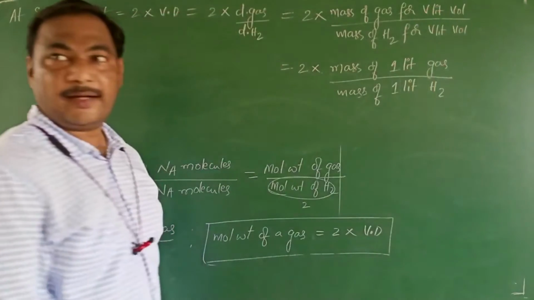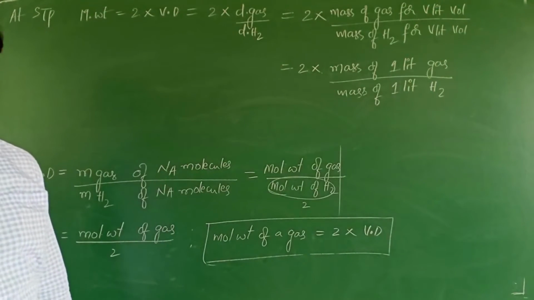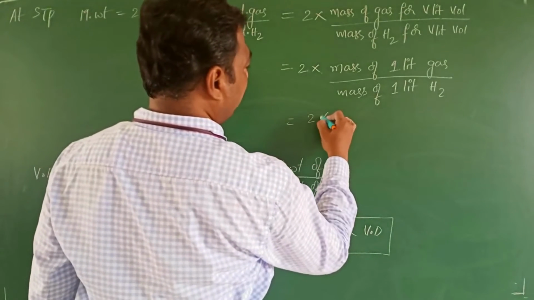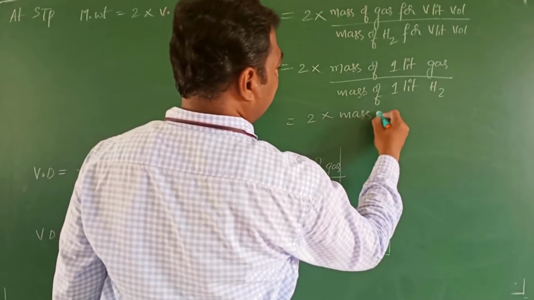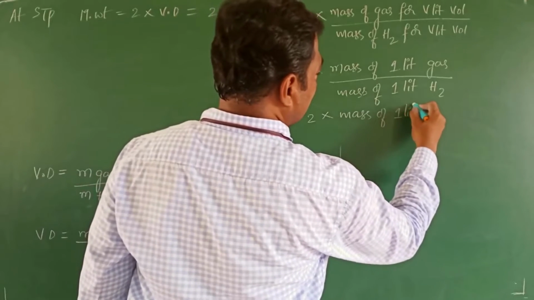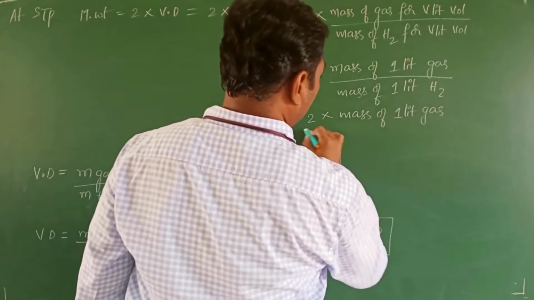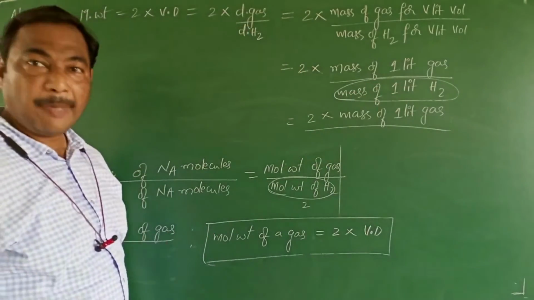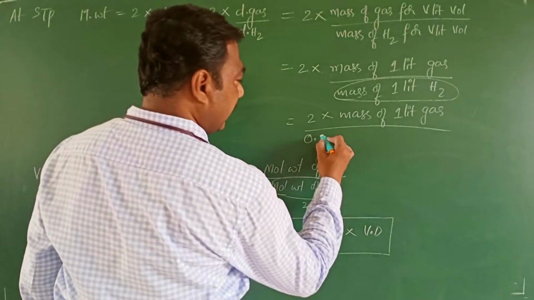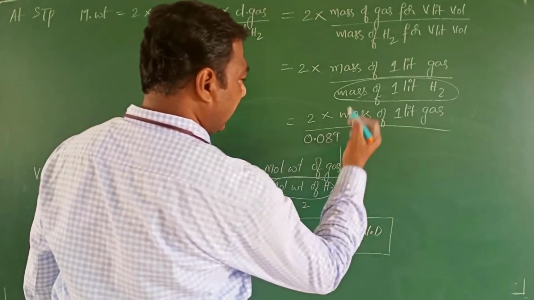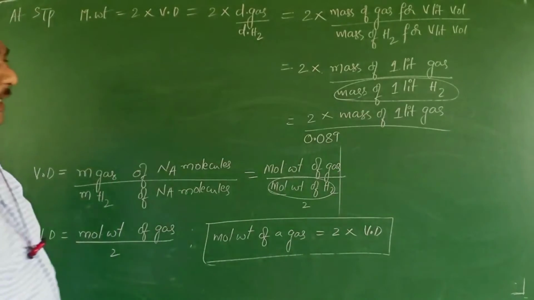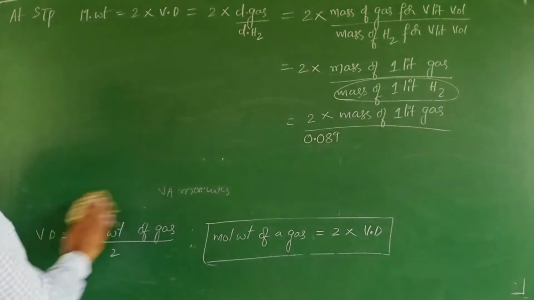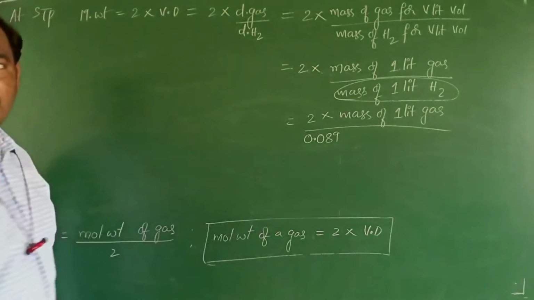The V liter I now consider as 1 liter. So it is 2 into the mass of 1 liter gas by the mass of 1 liter of hydrogen. The mass of 1 liter of hydrogen is 0.089, students. It is experimentally derived data.